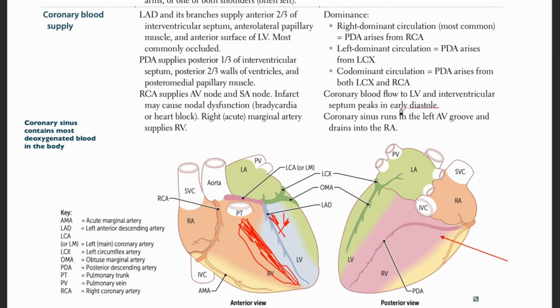This is also the time when you're going to find the most oxygenated blood in coronary blood flow, because when it goes into systole, all the blood becomes deoxygenated right away, and that's why coronary sinus contains the most deoxygenated blood in the body. Okay, because it gets used up by the heart right away.